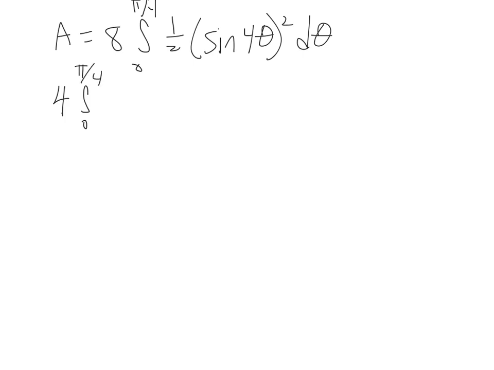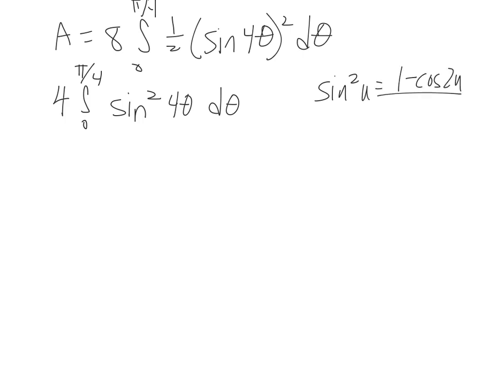And then I'm going to square the sine function, so sine squared of 4 theta d theta. Okay, so this is why I need the power reducing formula. Remember we said that the sine squared of u was equal to 1 minus the cosine of 2u over 2.